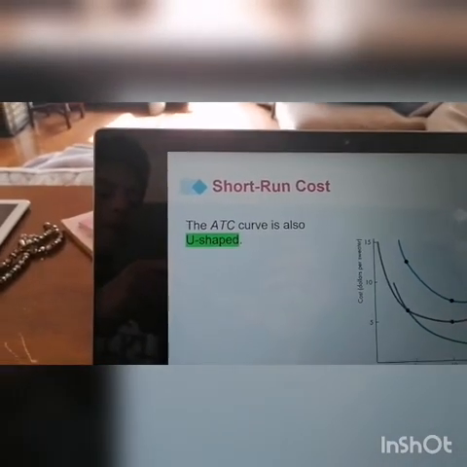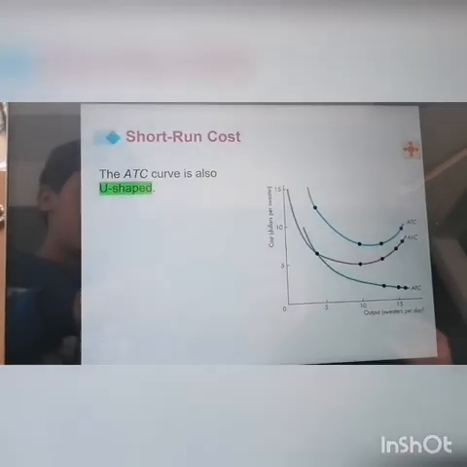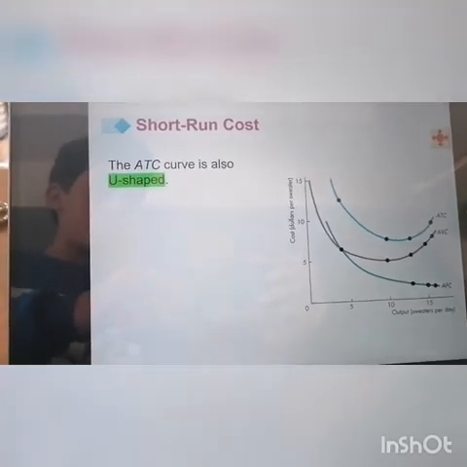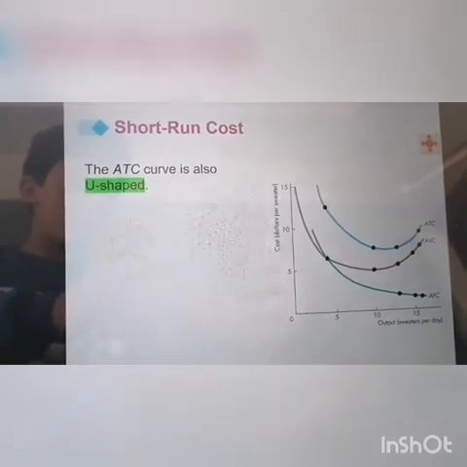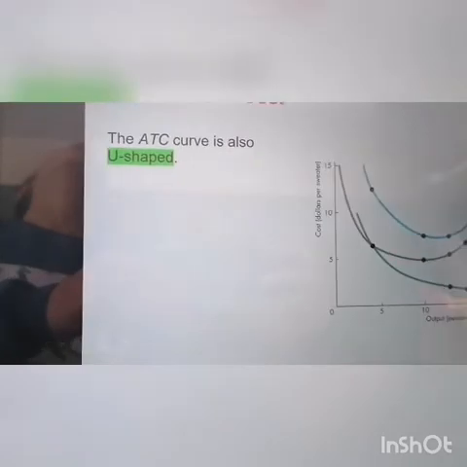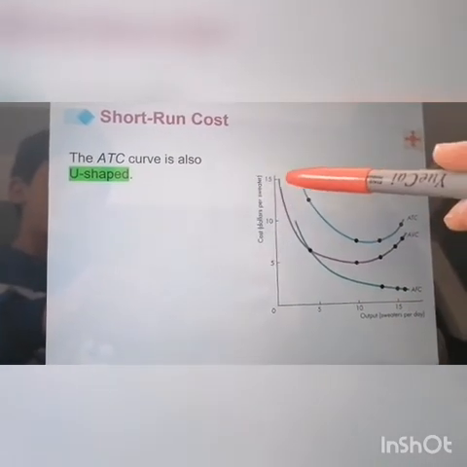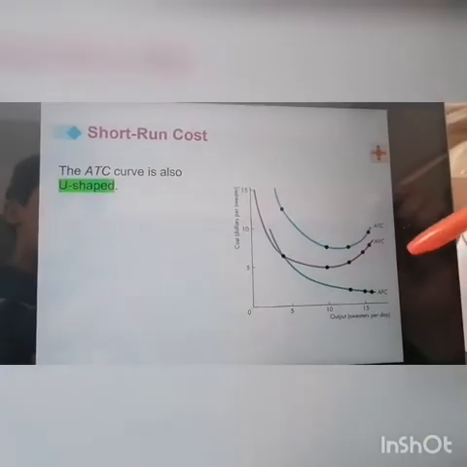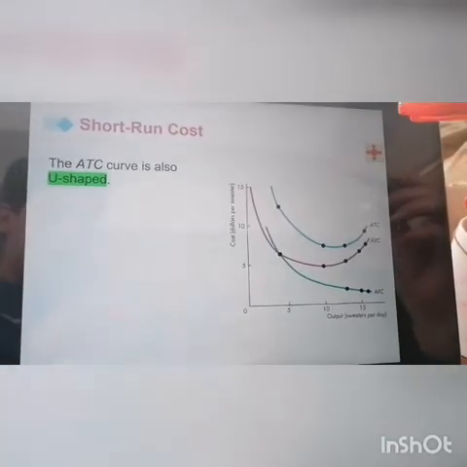So the total fixed cost of electricity, for example, 50 Egyptian pounds divided by 1 sweater, then 50 divided by 2 sweaters, 50 divided by 3, 50 divided by 4, and so the average fixed cost keeps decreasing. So that's why you find that the AFC is sloping downwards, while the average variable cost is U-shaped. First it is decreasing, then it's increasing. And also the ATC, because it's the summation of AVC and AFC, is U-shaped.